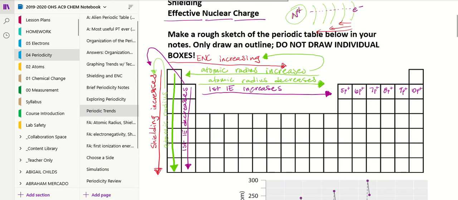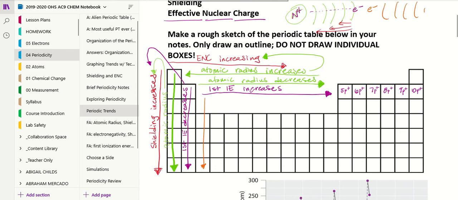All right, the last one I'm going to ask you about is electronegativity. Now, electronegativity is the attraction or the pulling power a nucleus has on electrons that are in a bond. So, here, oops, drew my shell the wrong way.